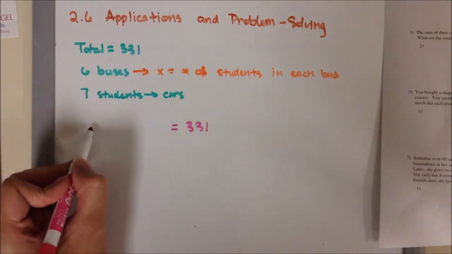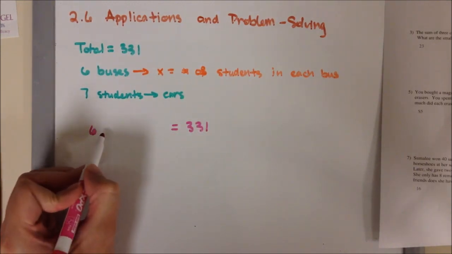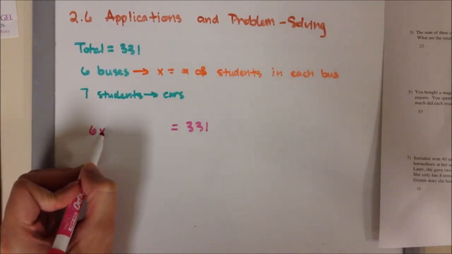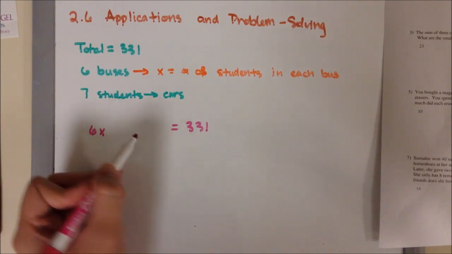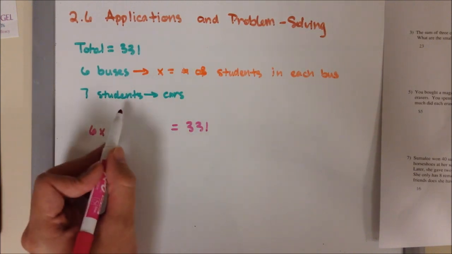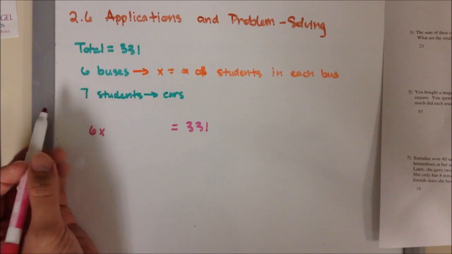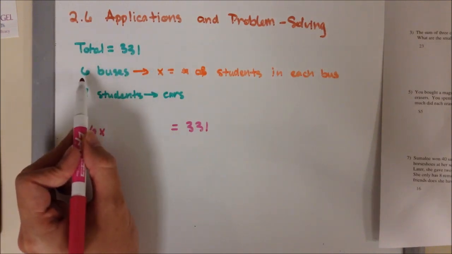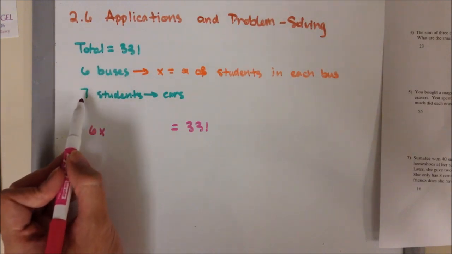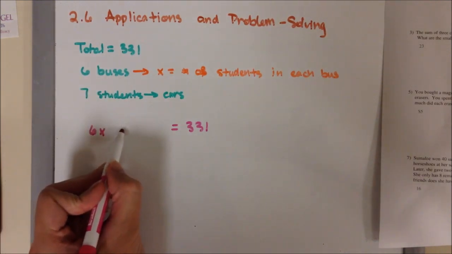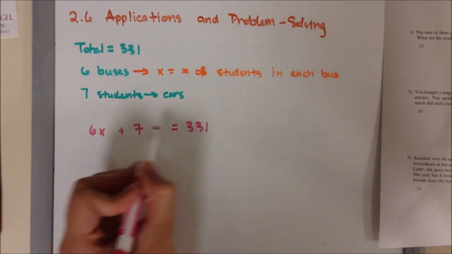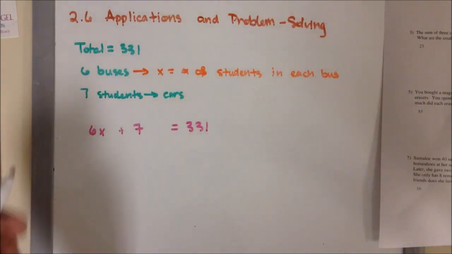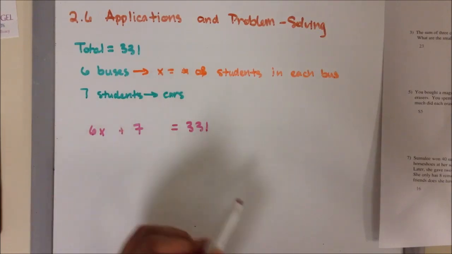Since there were 6 buses, I'm going to write 6 and tie it with X, where X represents the number of students in each bus. And it says 7 students travel in cars, so that means the number of students in each bus with 6 buses combined with 7 students, so plus 7, should equal 331 students. Again, 7 is the students that travel in cars.